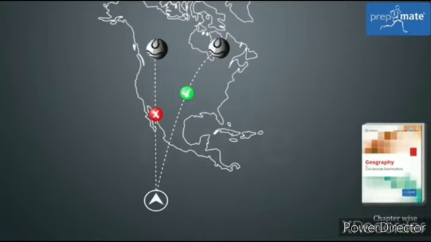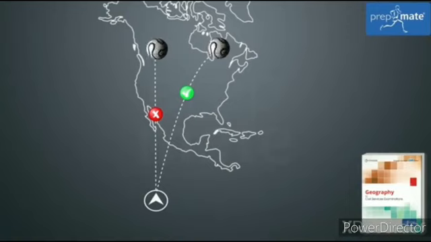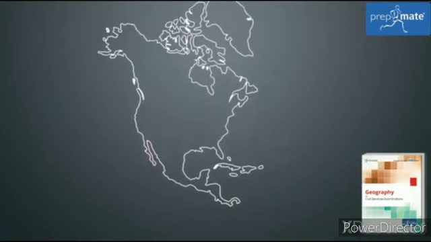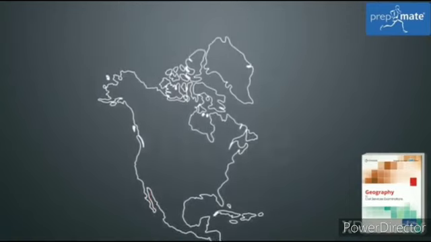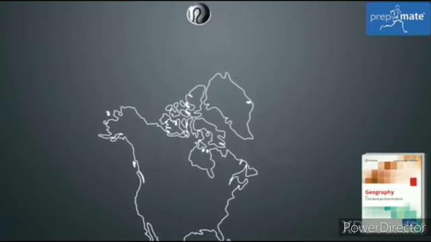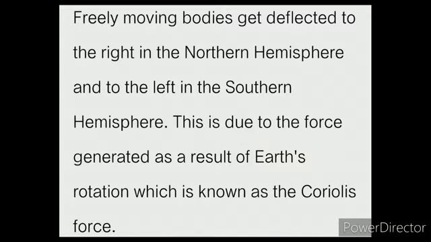A freely moving object in the northern hemisphere is deflected to its right, and in the southern hemisphere to its left, and the force behind this deflection is Coriolis force. This force increases as it moves towards the poles from the equator.